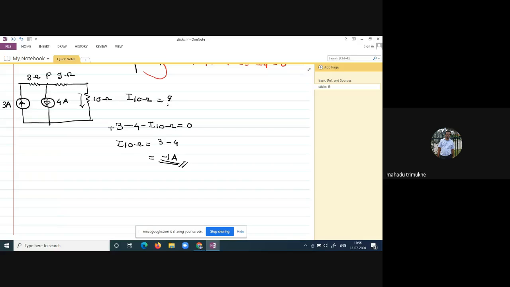If you don't know KCL, you can't be able to do nodal analysis. KCL is very important for nodal analysis, and KVL is very important for mesh analysis. Are you getting this concept? Yes, sir.